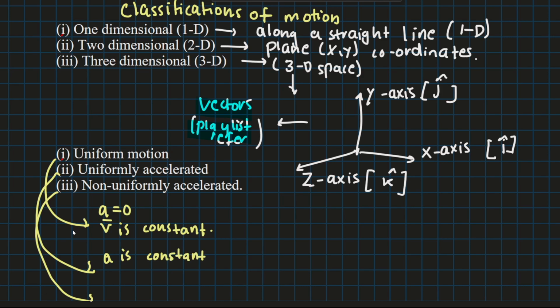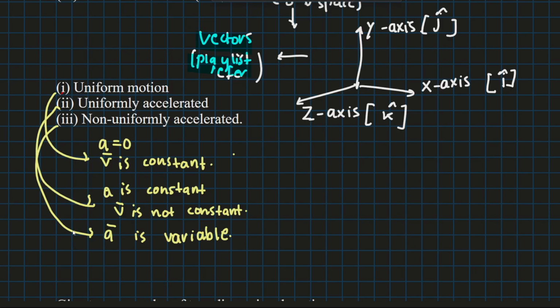Over here, velocity is not constant. We need to keep in mind, in uniform motion, acceleration is 0. In uniformly accelerated motion, acceleration is constant, while in non-uniformly accelerated motion, acceleration is variable.